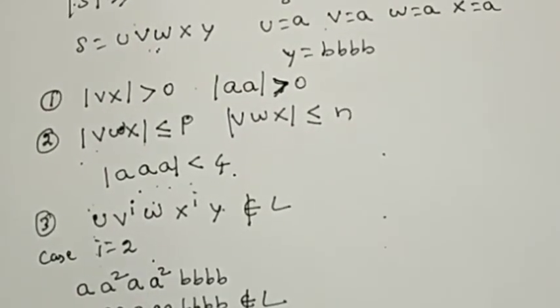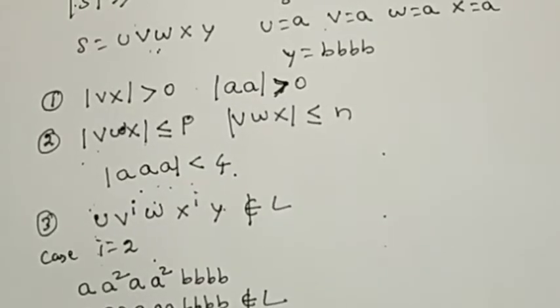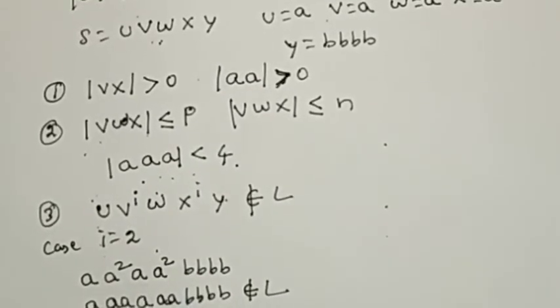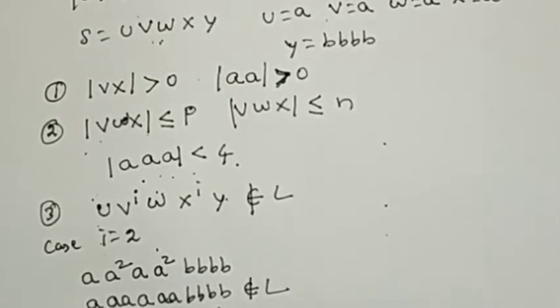So we can say that the number of a's is not equal to the number of b's, hence it is not a context free language.